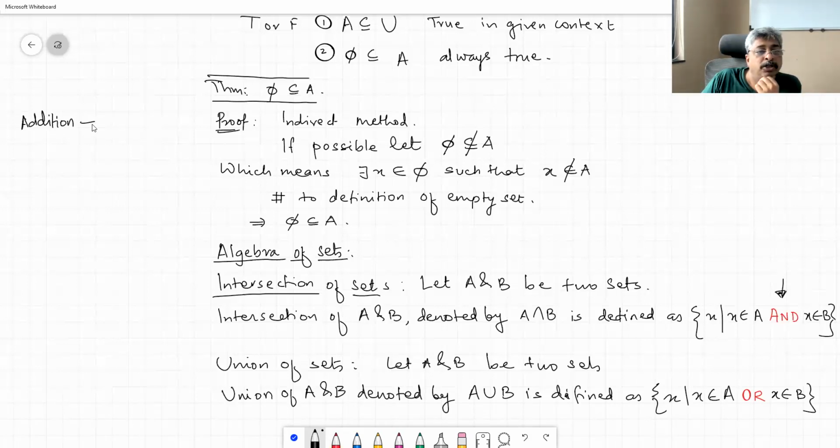The English word was or, and now in set theory, when the word or is there, it is union.